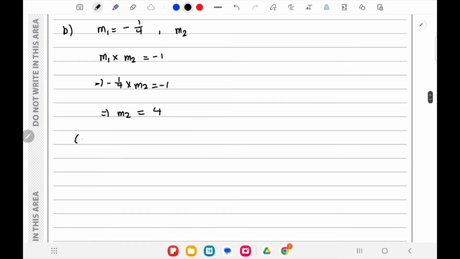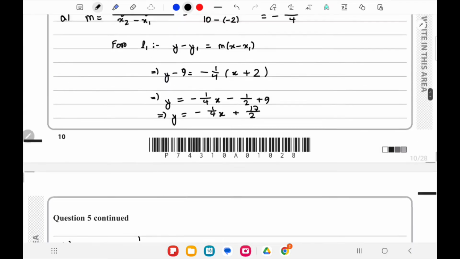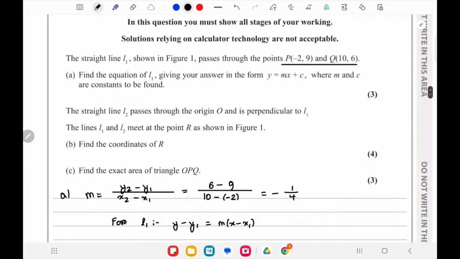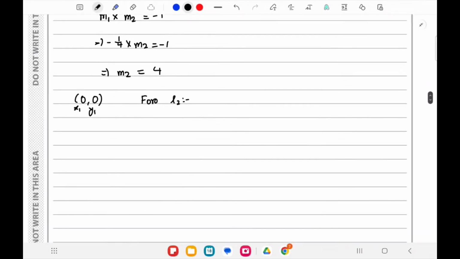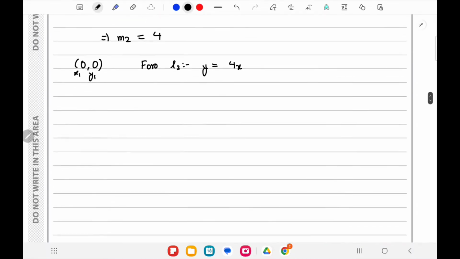And we also know that it passes through the origin. So we can take the origin as x1 and y1 in the case of line 2. So for line 2, we will have an equation that will be y equals 4x. Now we need to find the intersection point between line 2 and line 1.